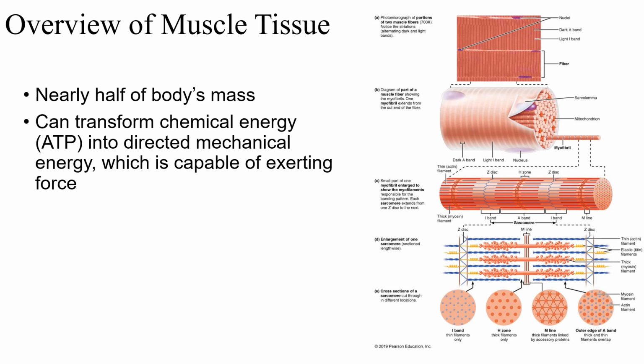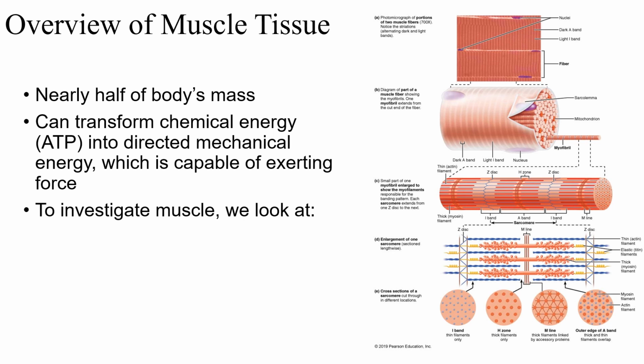But now muscles are going to be one of the structures that's going to use that ATP directly to do work. So it can be walking, lifting things, your heart beating, things like that. So ATP is going to be a very important component of the process of allowing muscles to contract.